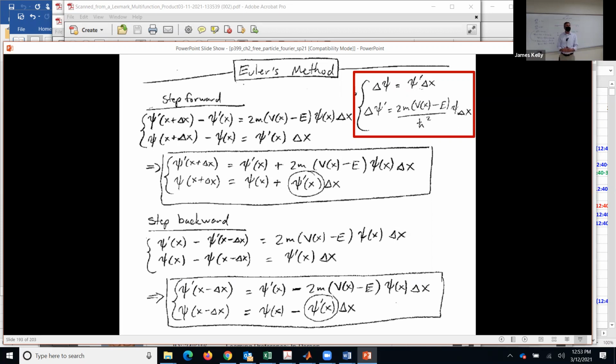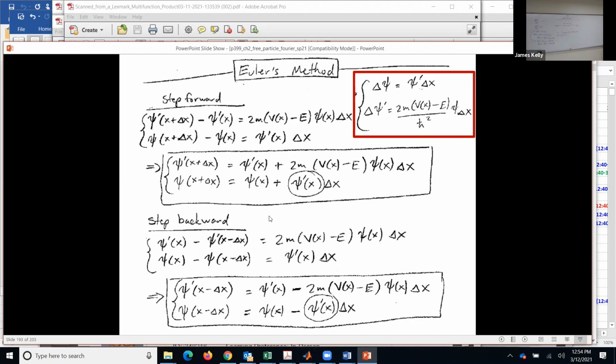And we're going to want that because what we're going to do for this assignment is take a nice symmetric potential, start out with some initial values in the middle, and solve for those time independent Schrodinger solutions moving in both directions. So we're going to start in the middle and move them to both sides simultaneously as we step forward and backward. That's called Euler's method.